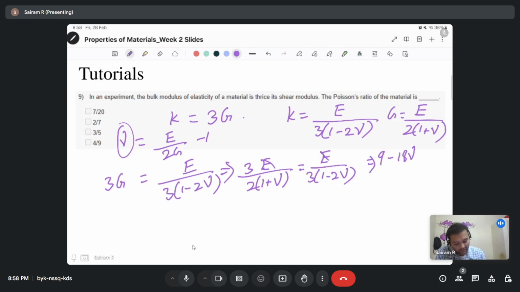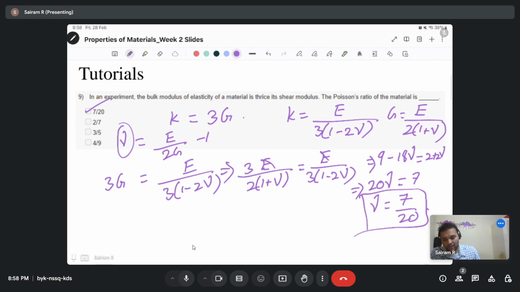In this case, 9 minus 18 nu equals 2 plus 2 nu. Sorry. So 20 nu equals 7. Nu equals 7 by 20. So the answer is 7 by 20, option A.